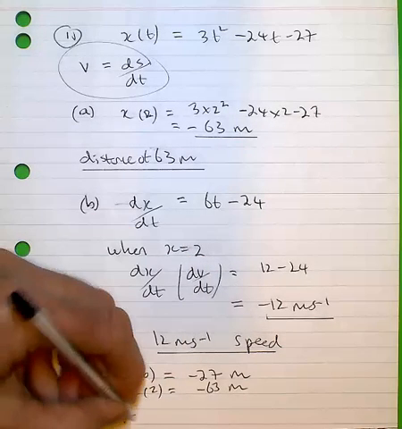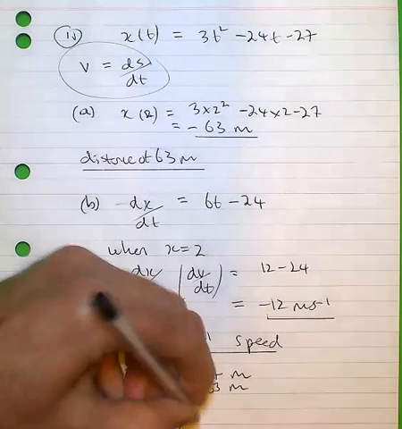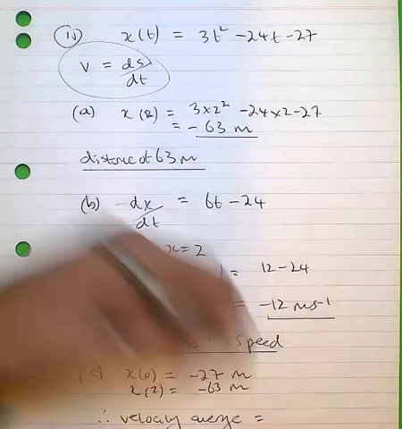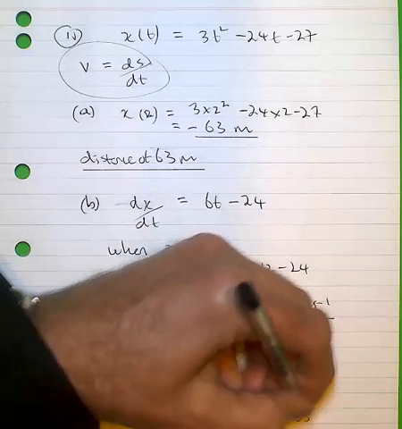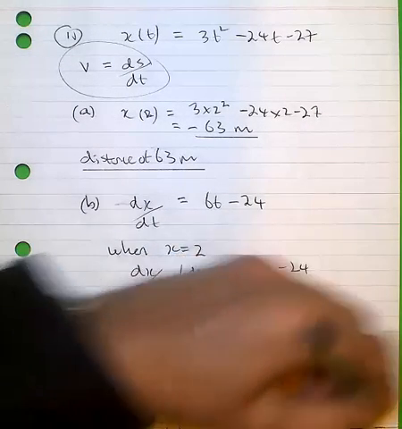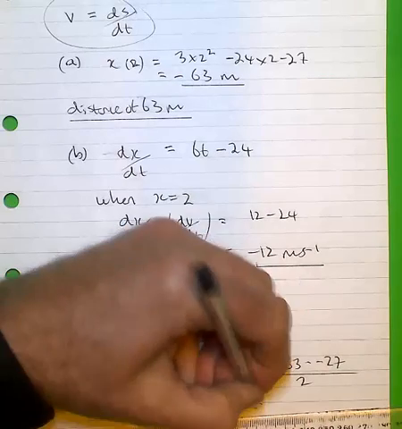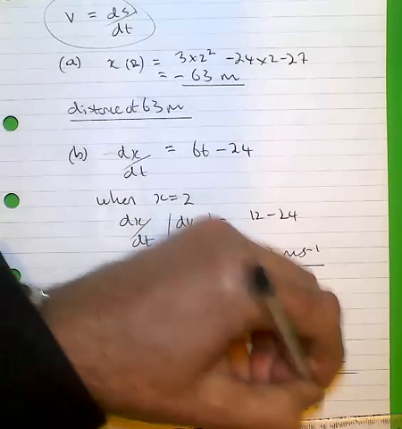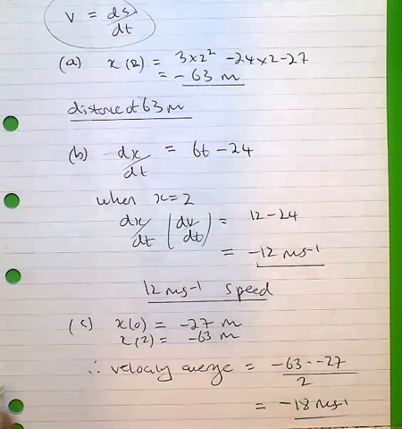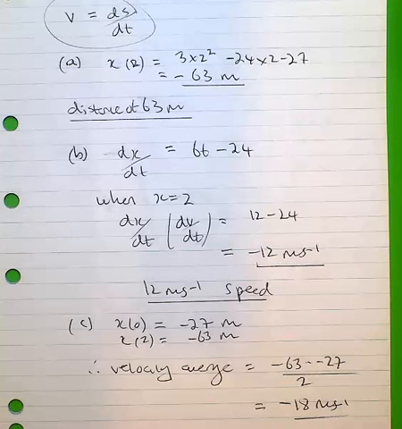Therefore, the average velocity is equal to negative 63 take negative 27 over 2, which will give us negative 18 metres per second for the average velocity over the first 2 seconds.